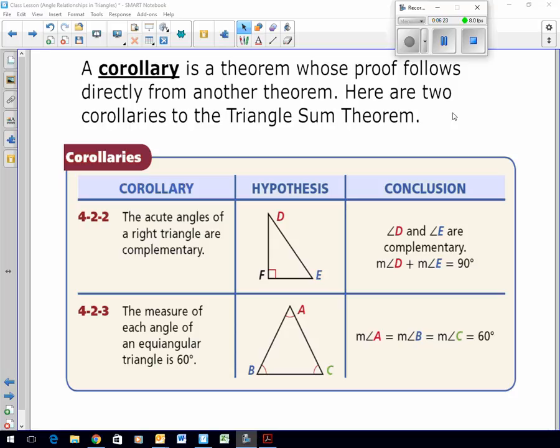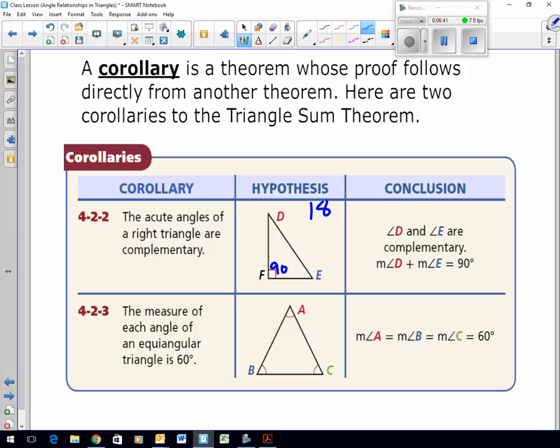Alright, so why would it be true that the acute angles of a right triangle are always complementary? What is always in a right triangle? A 90-degree angle, correct? How many degrees are in every triangle?